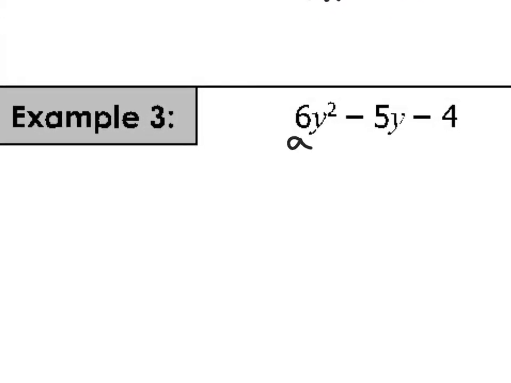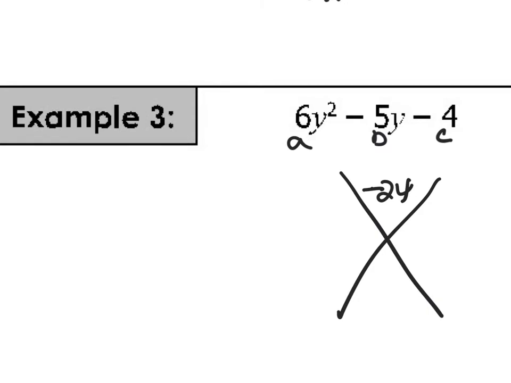All right, so let's look at the next one here. So this is A, B, and C. So we have our x. A times C is negative 24. B is negative 5. And we're going to divide by A, which is 6. So the factors of negative 24 that add up to negative 5. Well, we know it's not negative 1 and 24.